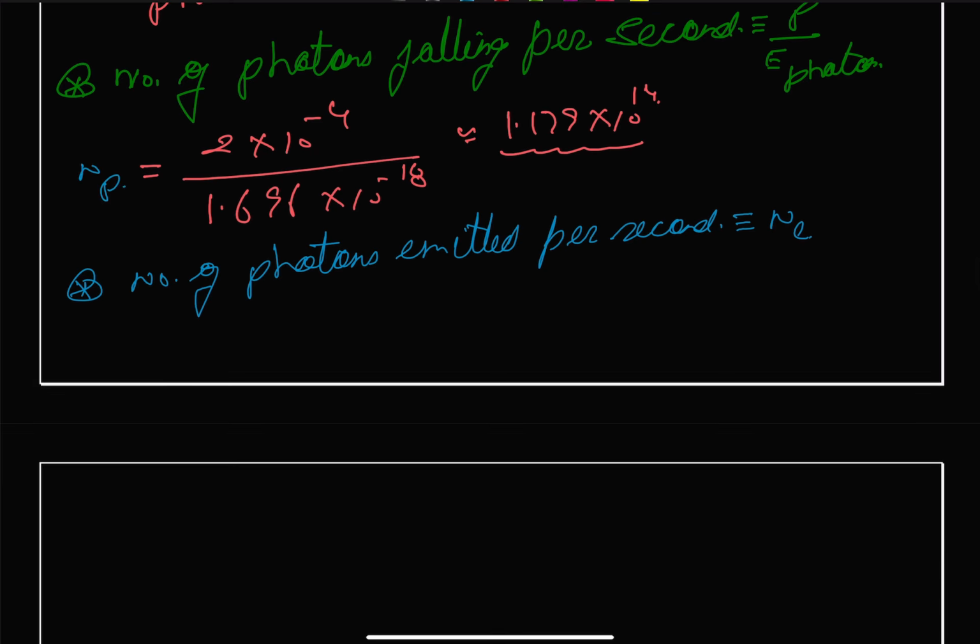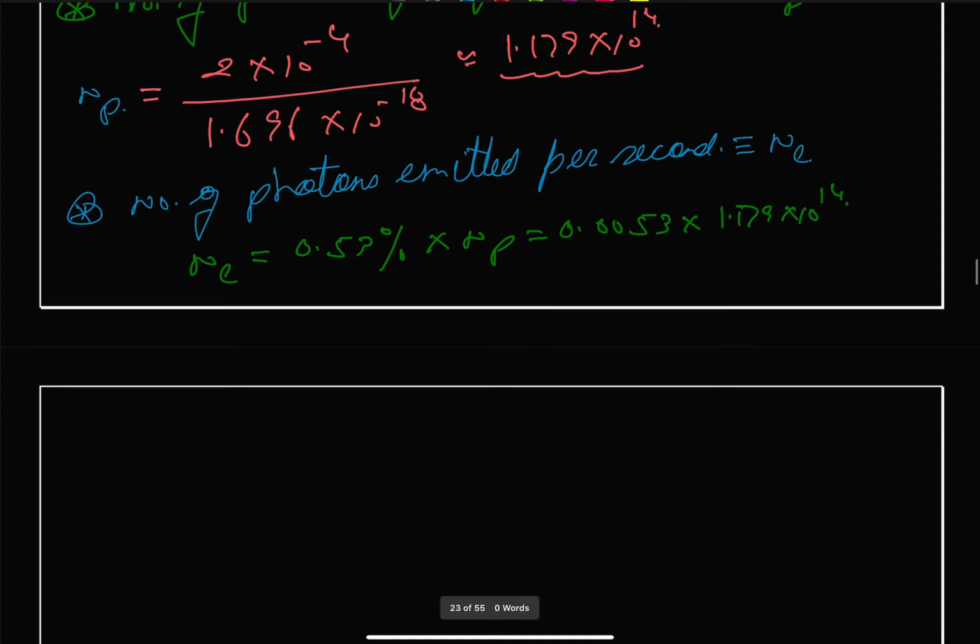So our NE will be equal to 0.53% multiplied by our NP, which is 0.0053 into 1.179 into 10 to the power 14, and this gives us approximately 6.25 into 10 to the power 11 electrons per second.